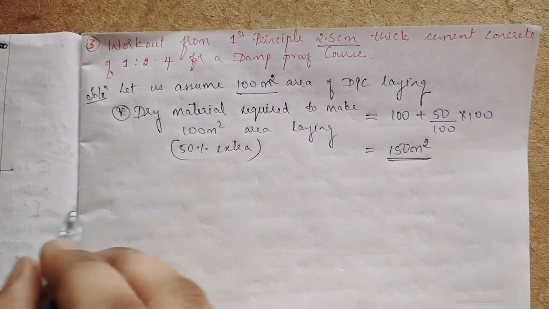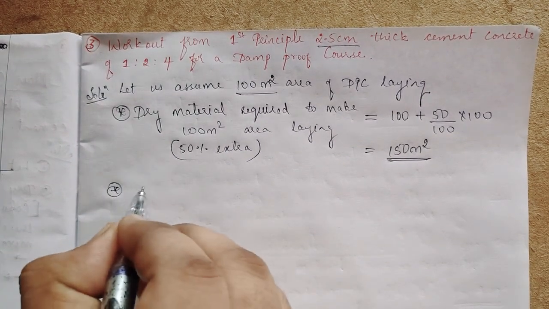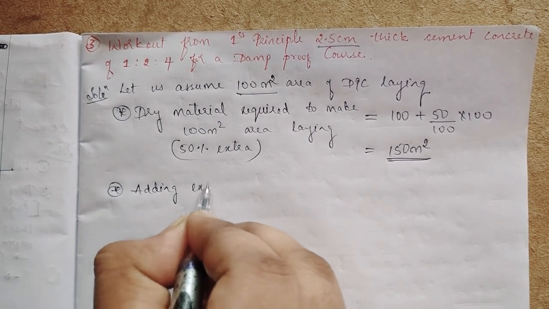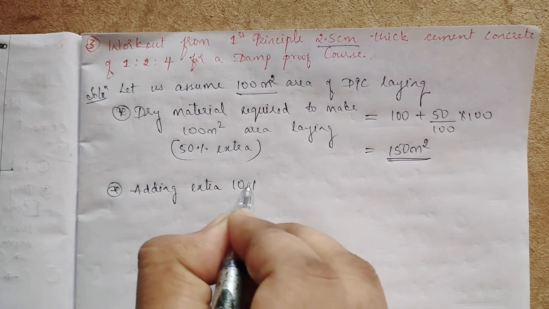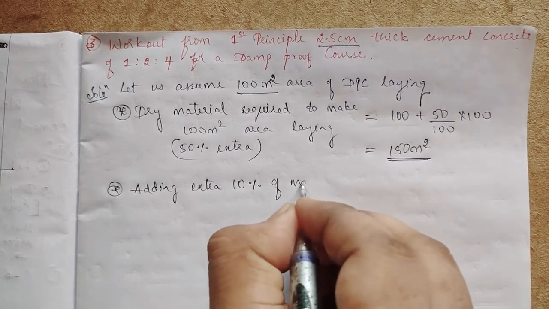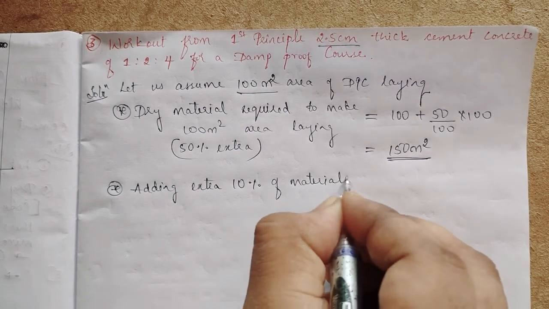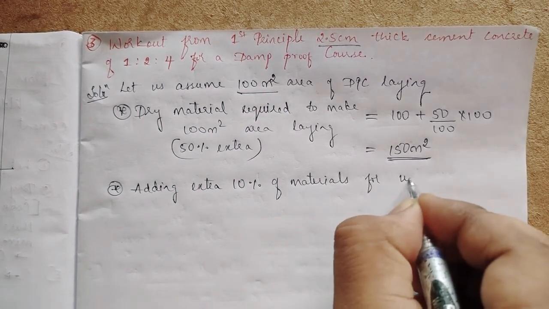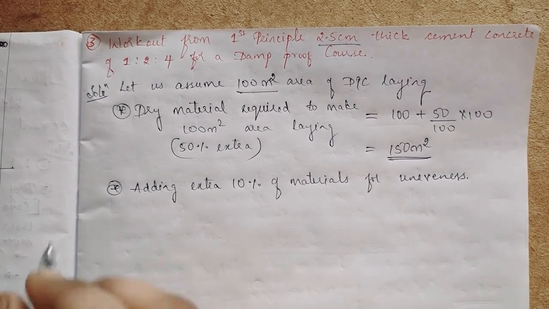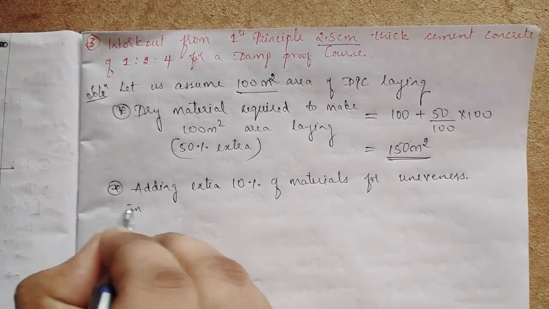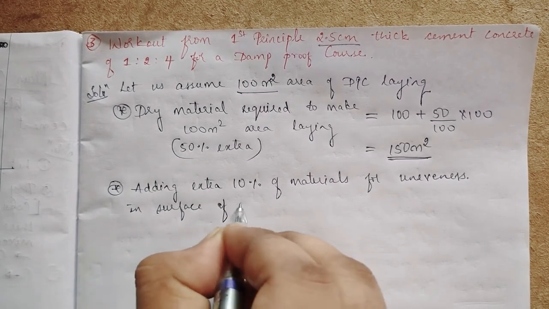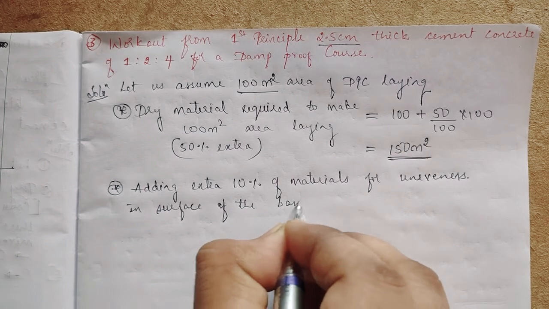Now I'll again add extra 10% of materials for unevenness in the surface of the base course.